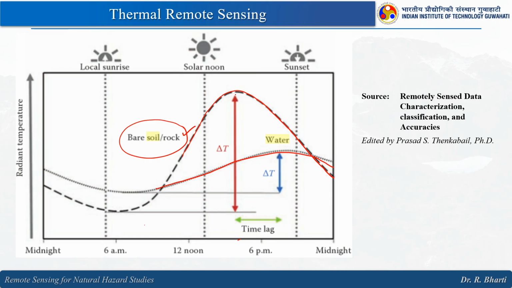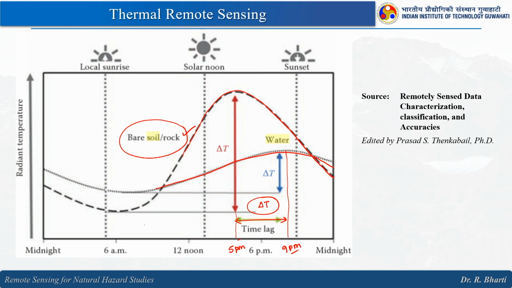Because if you see, for the rock we had this peak at, let us say, 5 p.m. For water it is around 9 p.m., right. This difference in the peak is called the delta T, the temperature difference in the peak of two different materials, right.